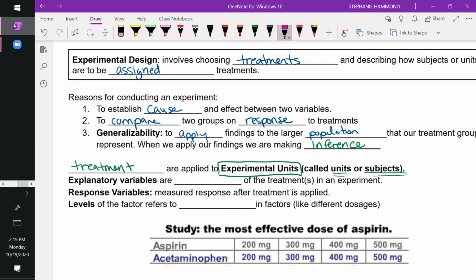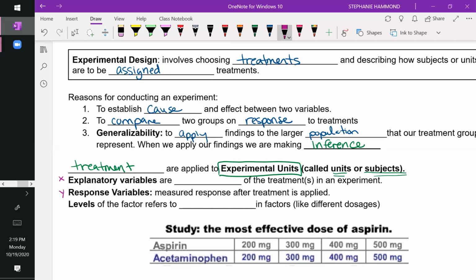In any experiment, in any statistical study, a bivariate study, of course, we have explanatory variables and response variables. Remember from the last unit that explanatory variables are X variables, the independent variables, and response variables are Y variables, the dependent variables.